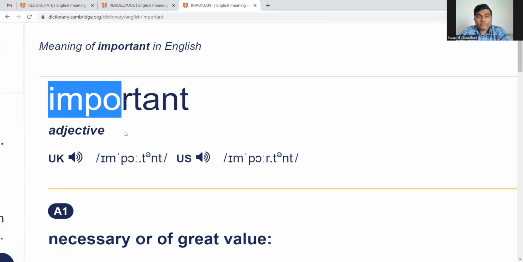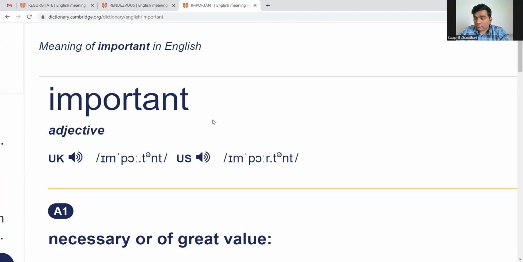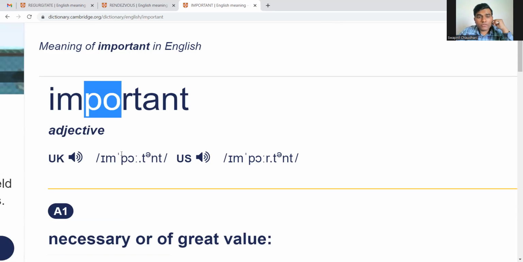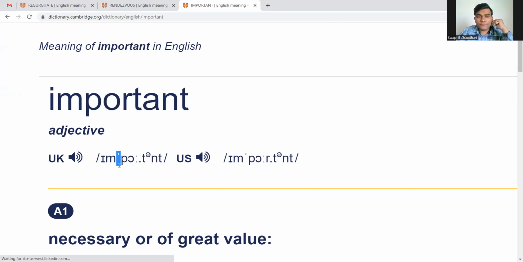Important. And where is the stress? Let's first count how many syllables there are. Im, por, tant. Three, right? So where is the stress? Is it on the first? No, it's on the second syllable. How do we know that? Look at the apostrophe.